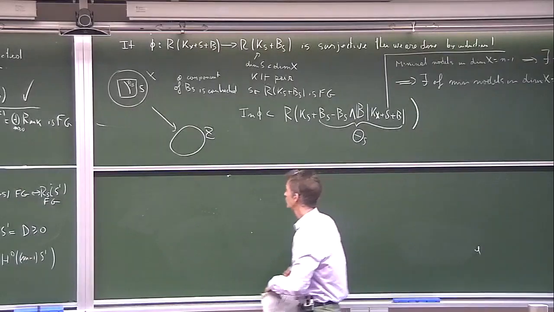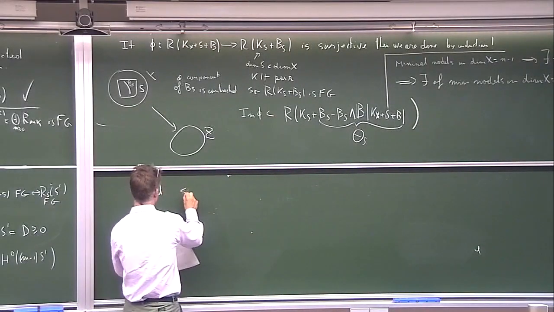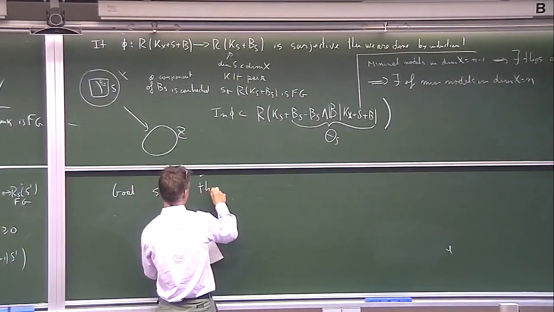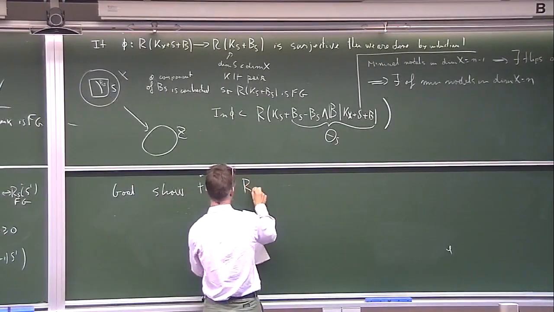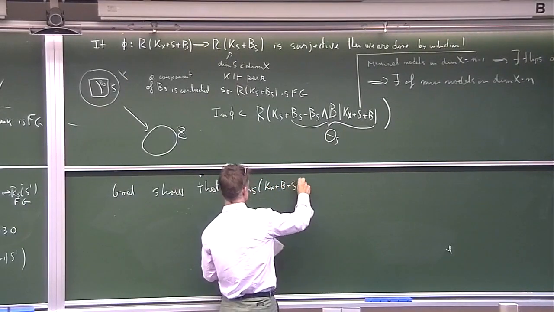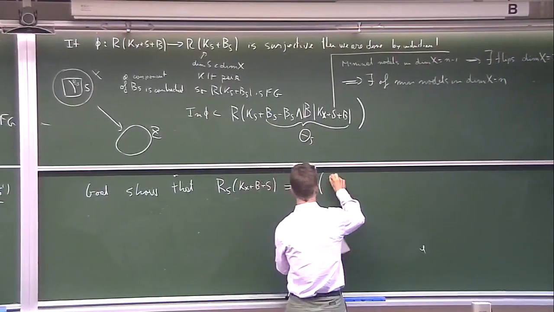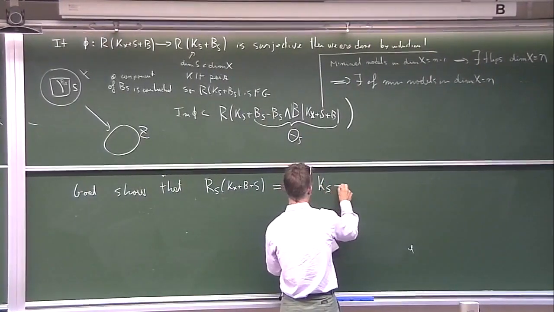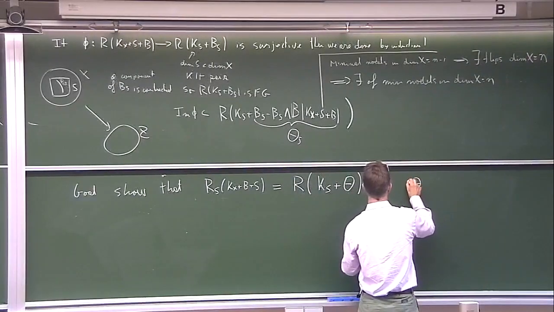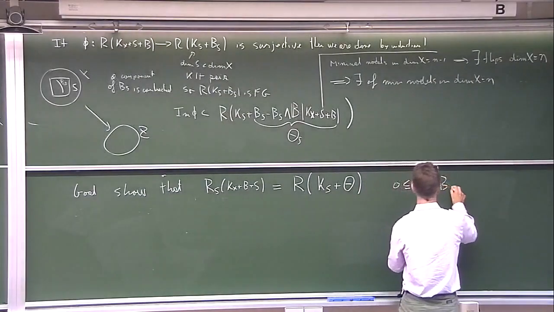So since that doesn't work, the goal now becomes to show that the restricted algebra Rs of Kx plus B plus S is equal to the algebra corresponding to Ks plus, let's say, a divisor theta, where theta is somewhere in between 0 and Bs.